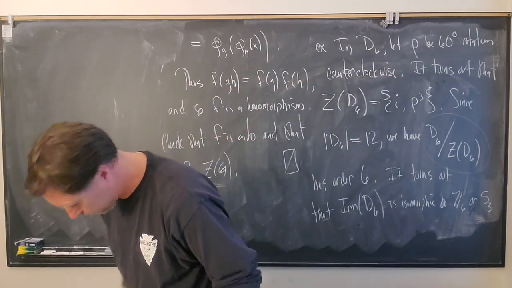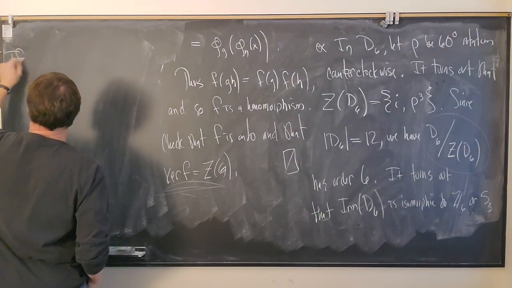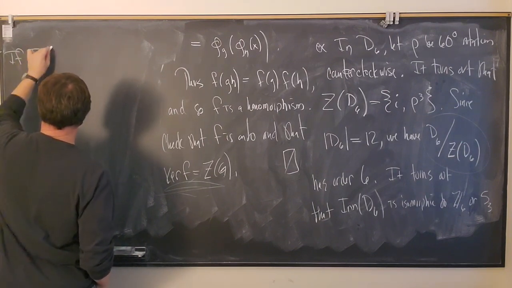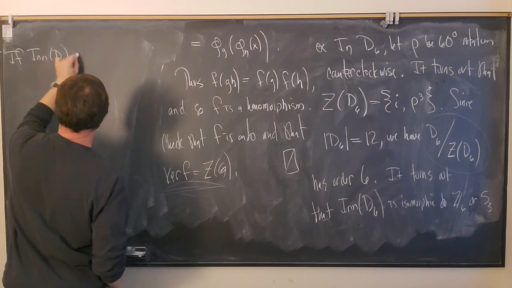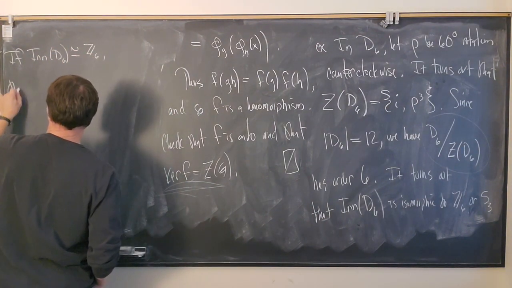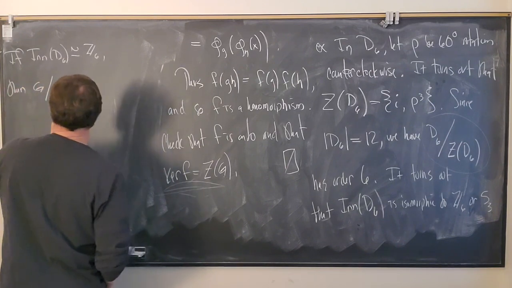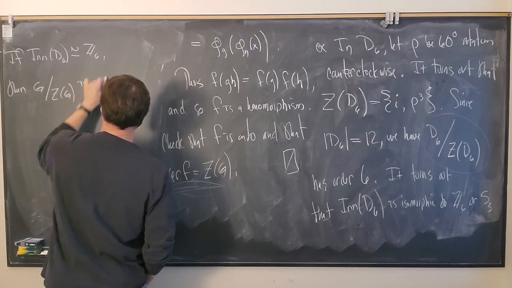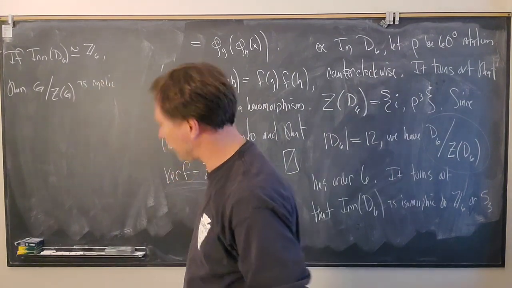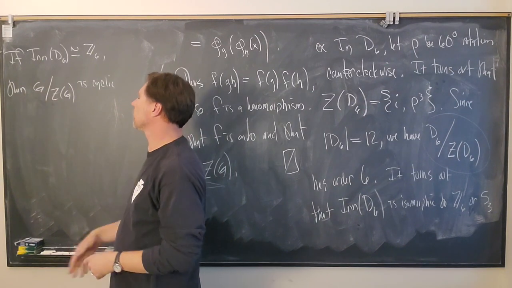Now, if Inn(D6) is isomorphic to Z6, then G mod ZG is cyclic, and remember the theorem we had before?